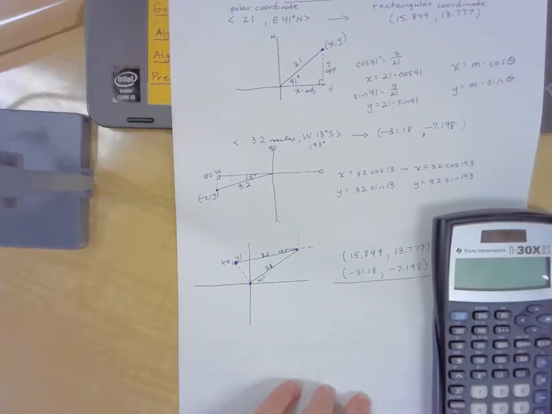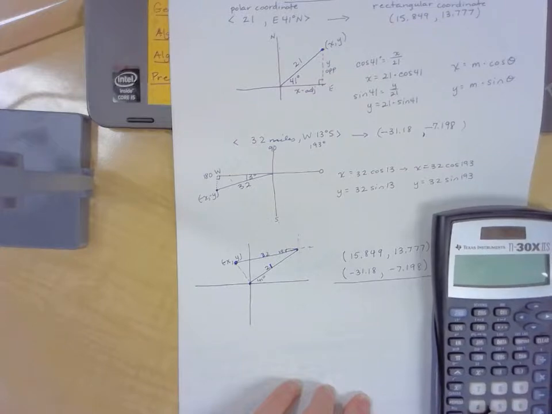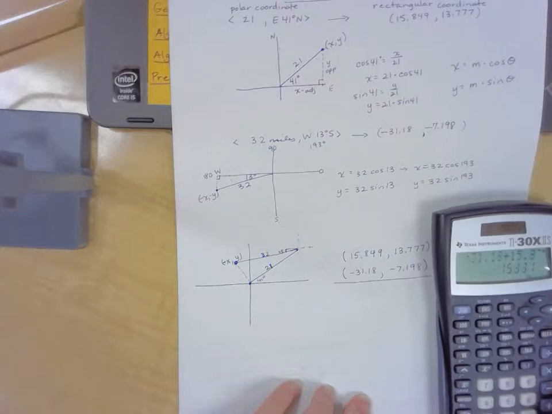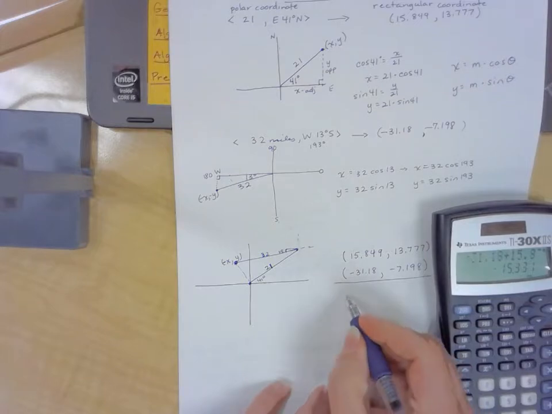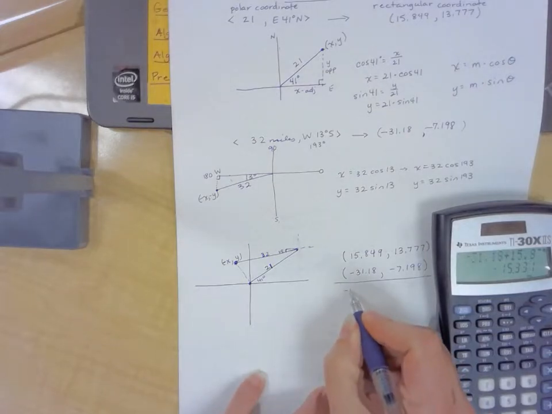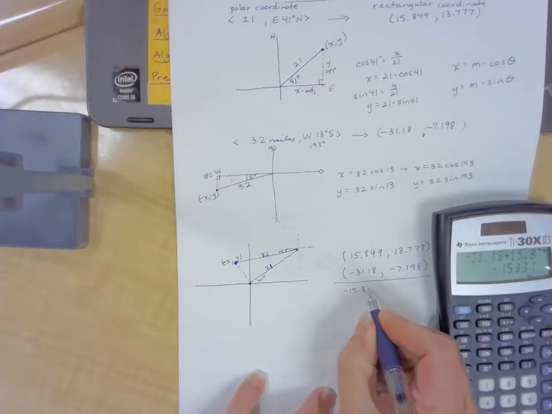So 15.849 minus 31.18 gives us negative 15.331.